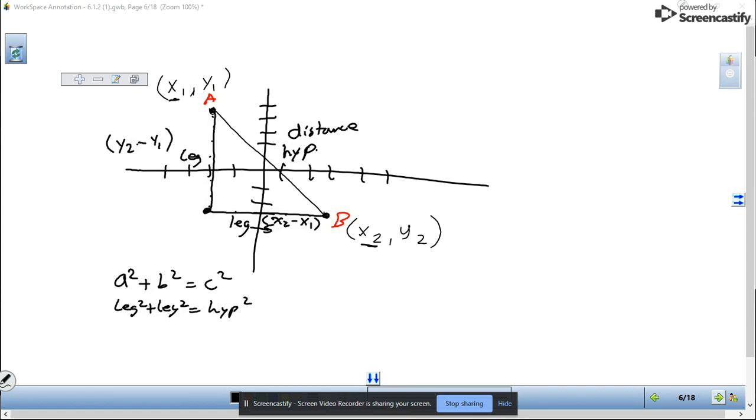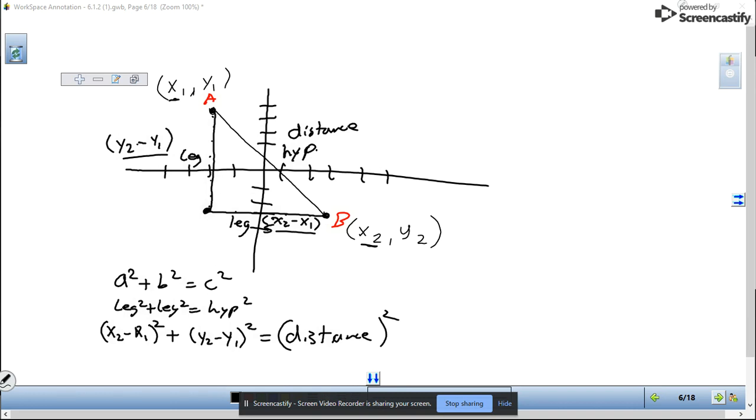But if you think about it, we just talked about how to rewrite these. So really what we're saying here is x2 minus x1 squared plus y2 minus y1 squared equals the distance of the hypotenuse squared.